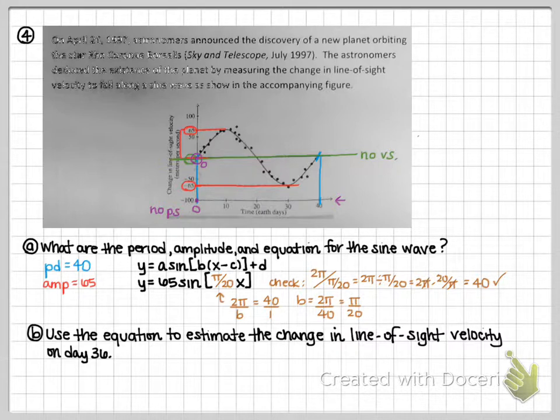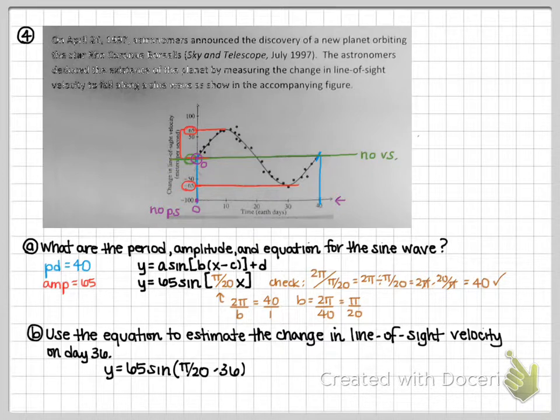Now I'm going to use the equation to estimate the change in line of sight velocity on day 36. So all I have to do is plug in 36 for x. That's all this is saying. So I go back up to my equation: 65 sine of pi over 20 times 36.